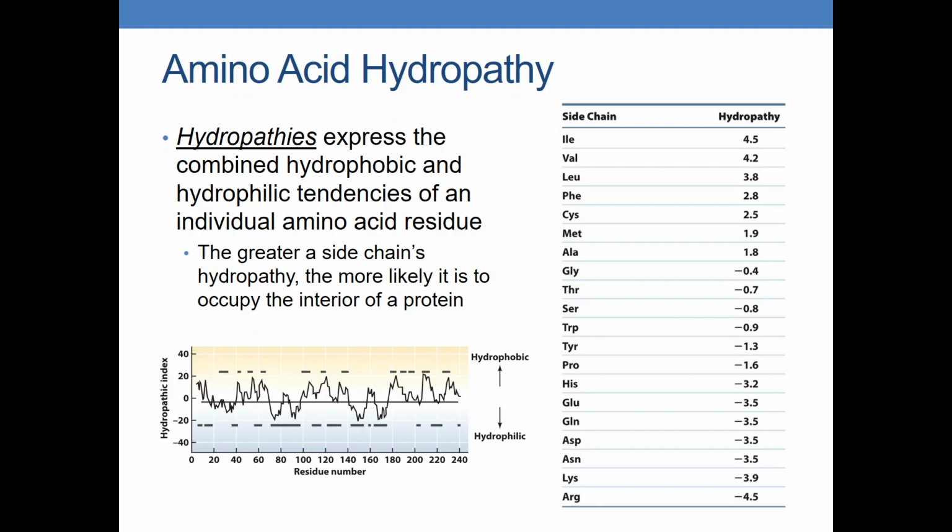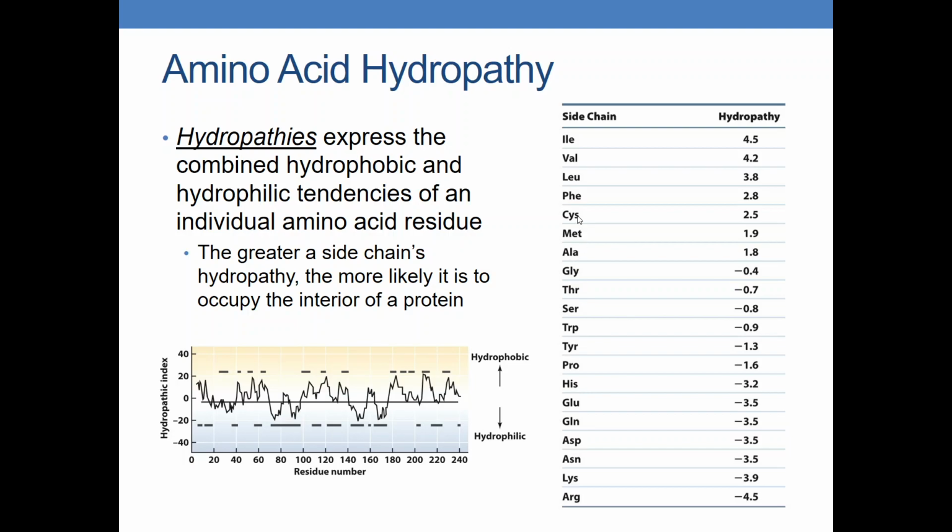Okay, so something that is more nonpolar is much more likely to reside on the interior of a globular protein structure. So you'll see isoleucine has a hydropathy index of 4.5, valine 4.2, all the way down to alanine, which is 1.8. All of these should not come as a surprise to you.